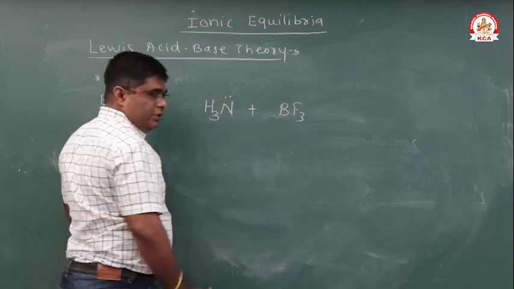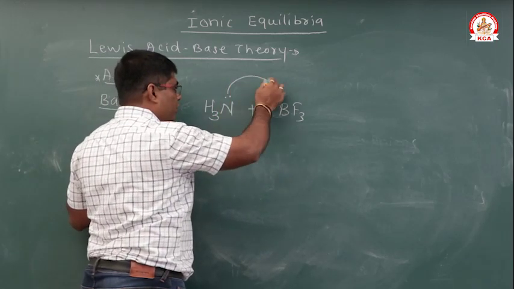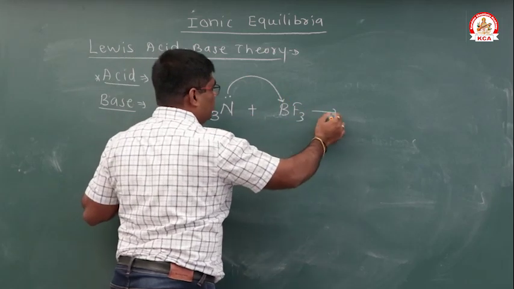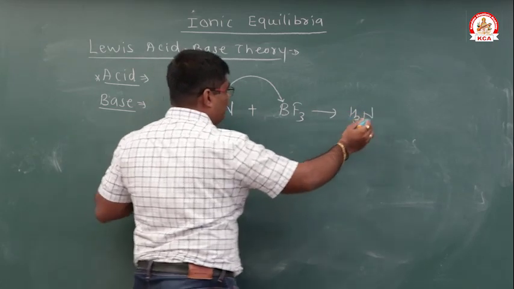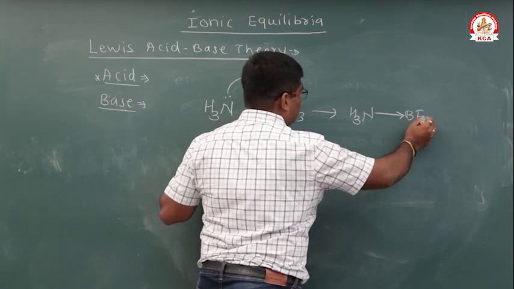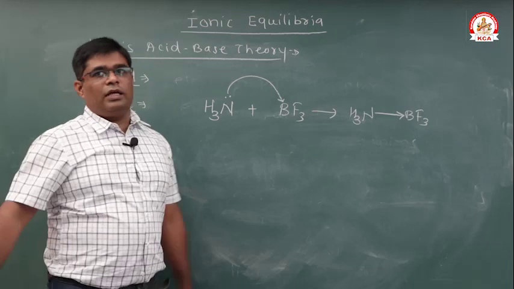Ammonia is electron rich, BF3 is electron deficient, therefore ammonia donates the electron pair and BF3 accepts the electron pair, and between them there is formation of a coordinate bond. This is the formation of a coordinate bond represented by the arrow, and this is known as Lewis neutralization.